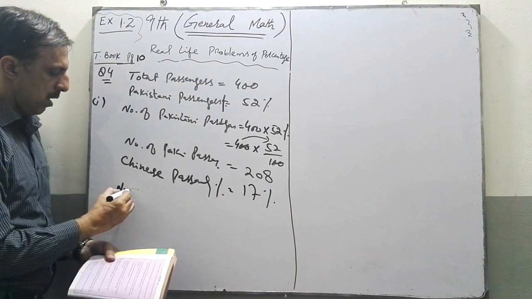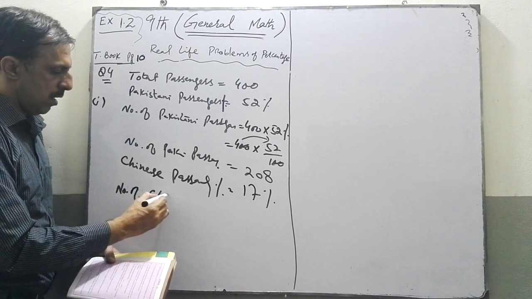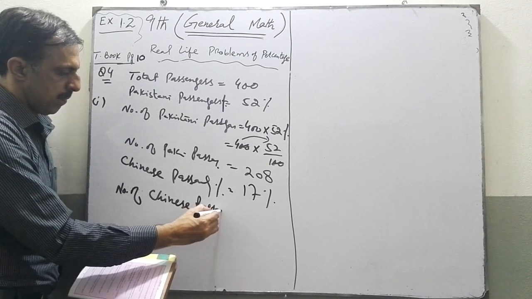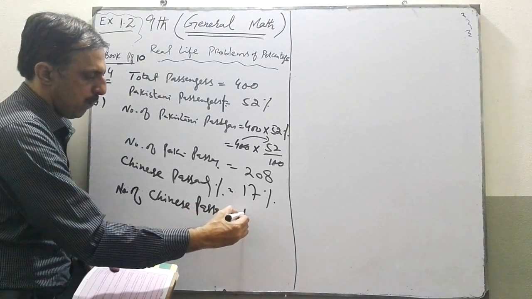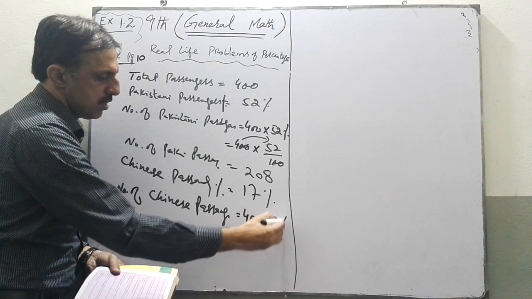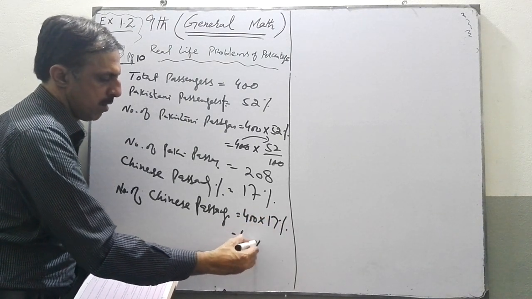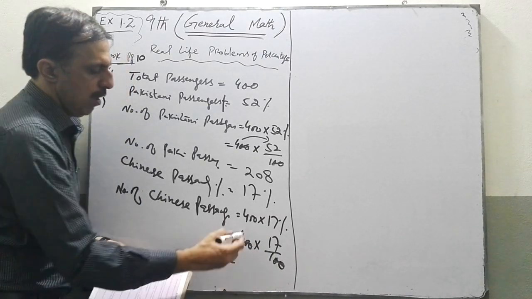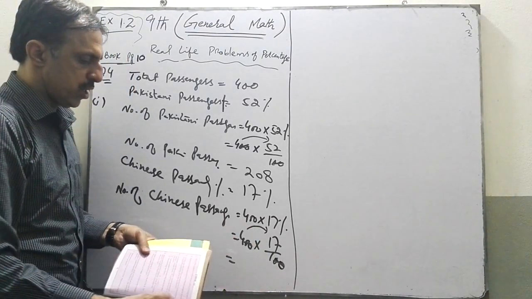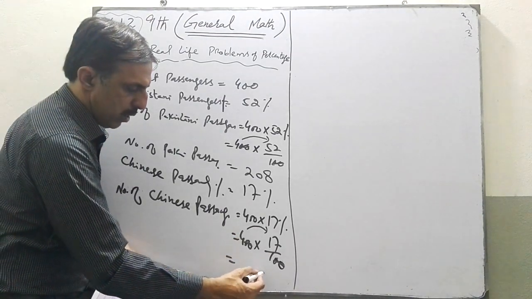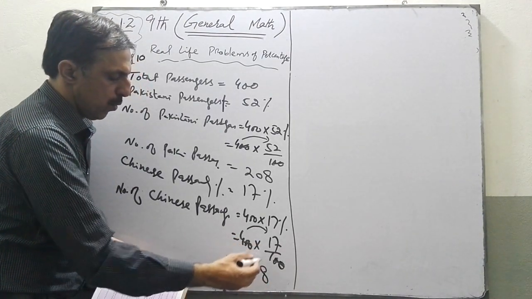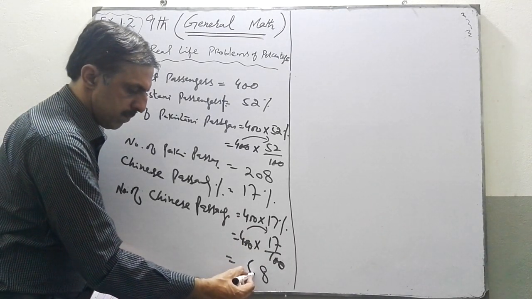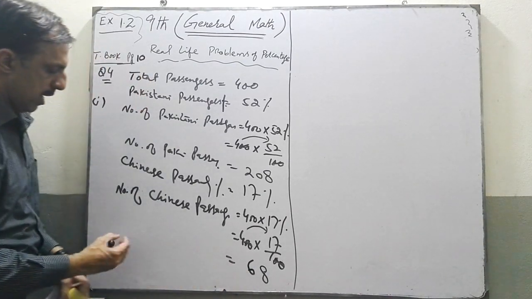The number of Chinese passengers equal to 400 multiplied by 17%. So 400 multiplied by 17 over 100. Again 20 cancel. 4 multiplied by 7 using calculator. 4 7s are 28. 4 1s are 4 and 6. This is what you have.